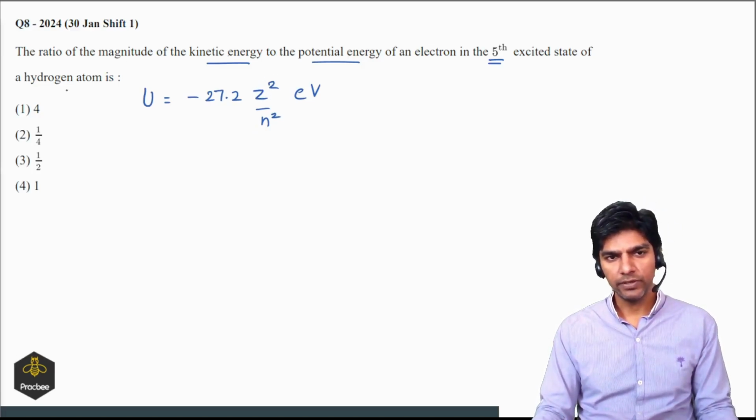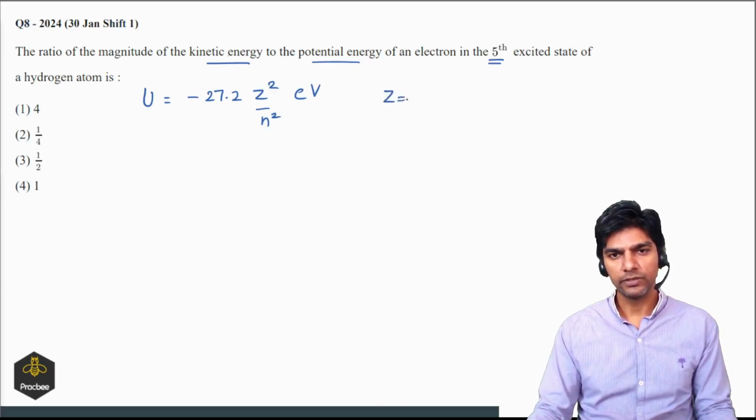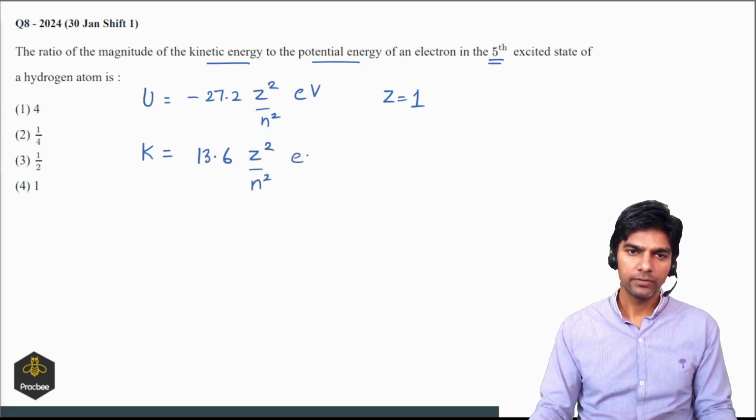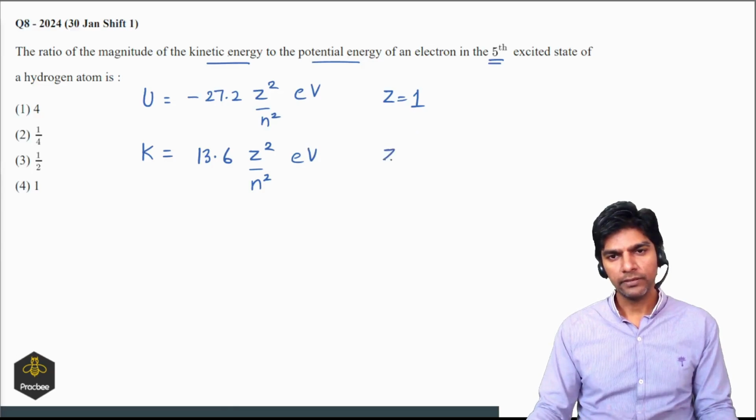In this case we have hydrogen, so z is 1. And the kinetic energy will be 13.6 z square by n square electron volt, again z is equal to 1.